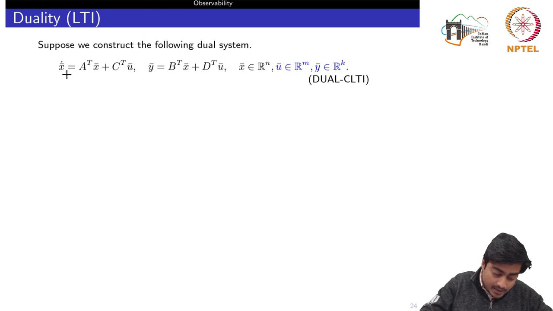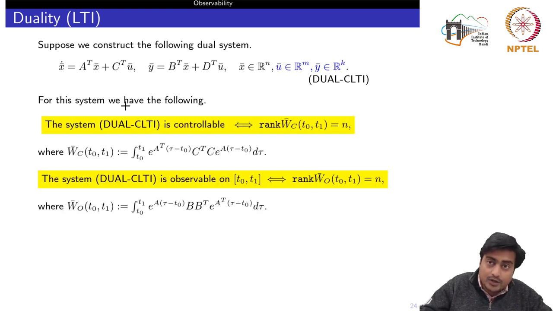I represent my dual system by A transpose, C transpose, B transpose, and D transpose, where C transpose in this dual system becomes my input matrix and B transpose becomes my output matrix, and the state matrix, input matrix and output equation are taken as the transposes. Okay, now let's see the controllability and observability for this dual system.